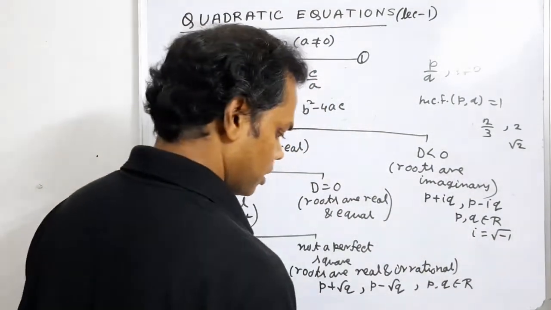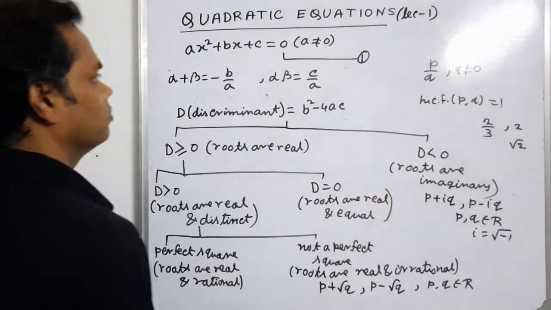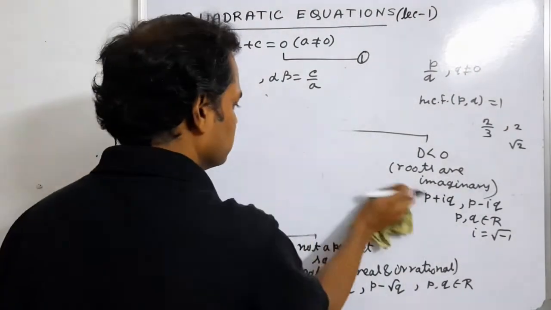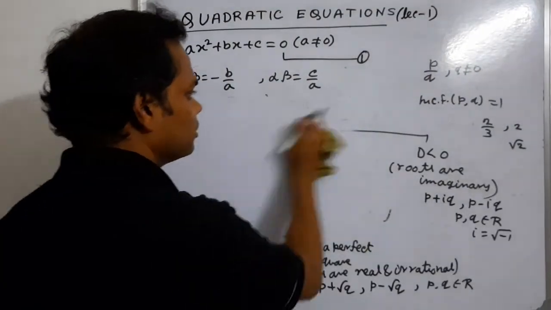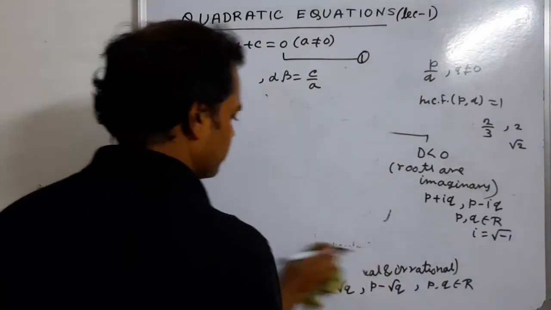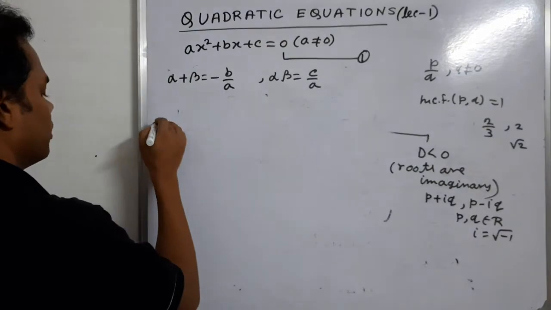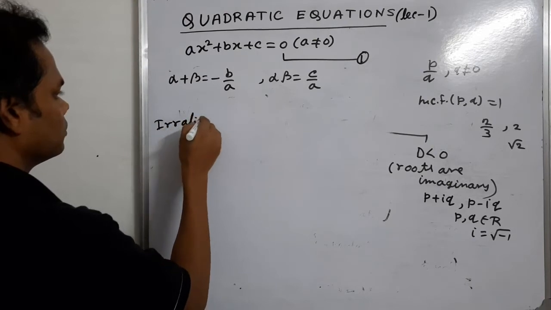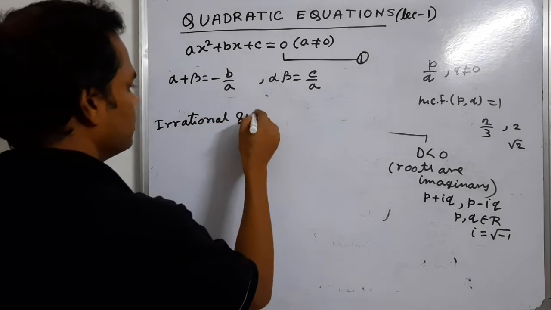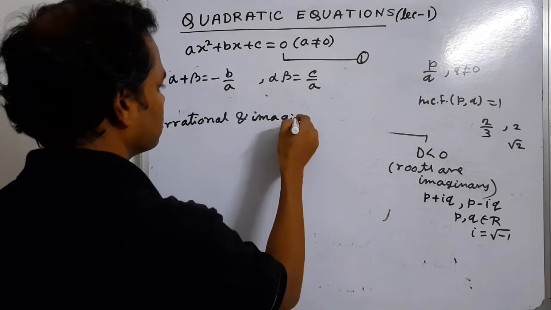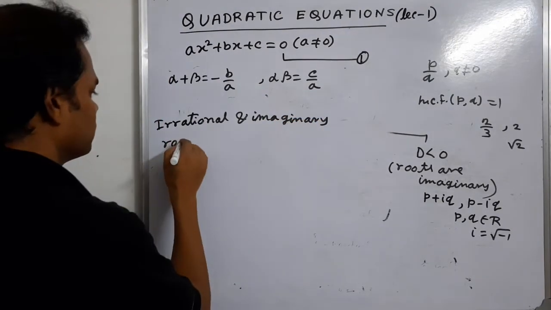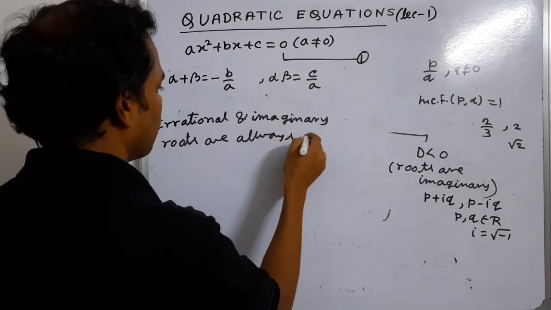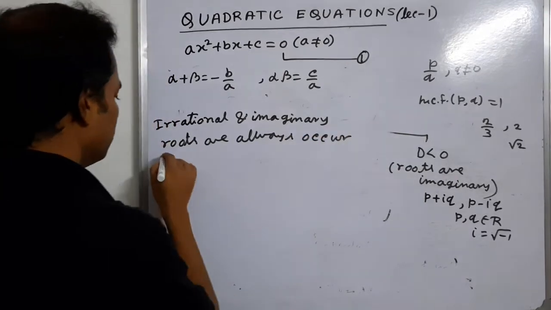From these two, we can find the relation between irrational roots and imaginary roots: they always occur in conjugate pairs.